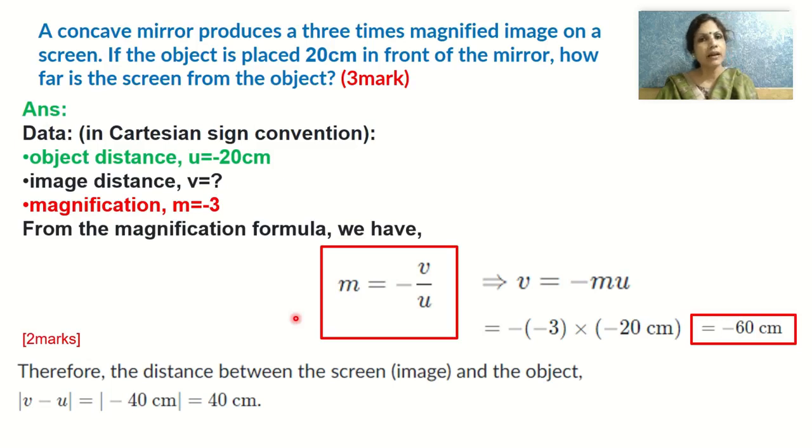If we take its magnitude, it will be +40 centimeter. Since distance can never be negative, we have taken the magnitude, so it is 40 centimeter. And to find out this, you will be given 1 mark, and the total mark given to the sum is 3. So this is how stepwise you have to go, and the sum will never go wrong.